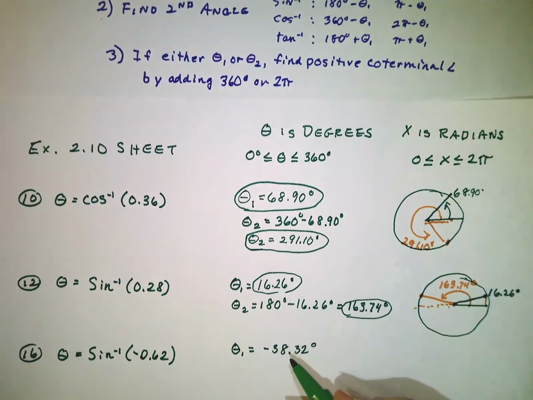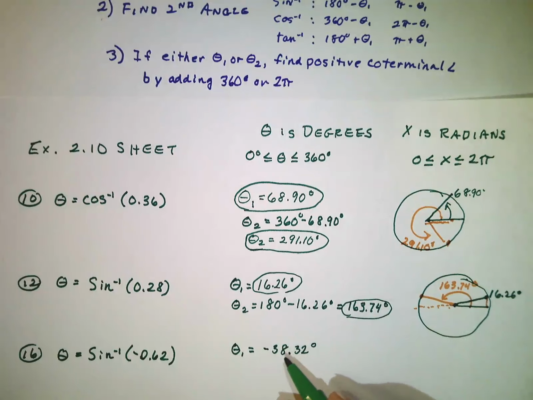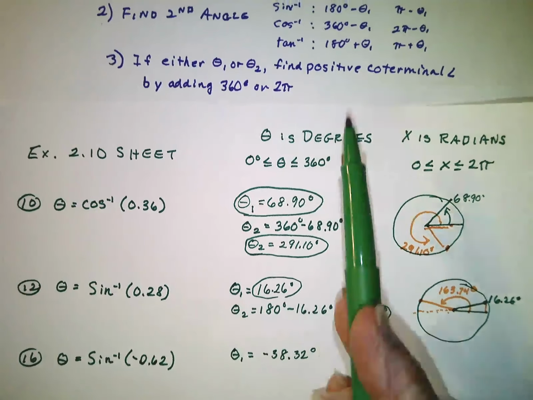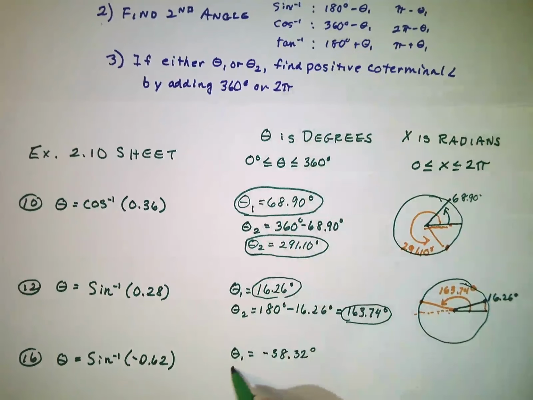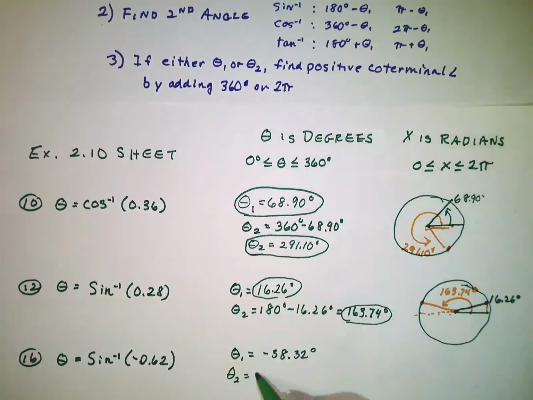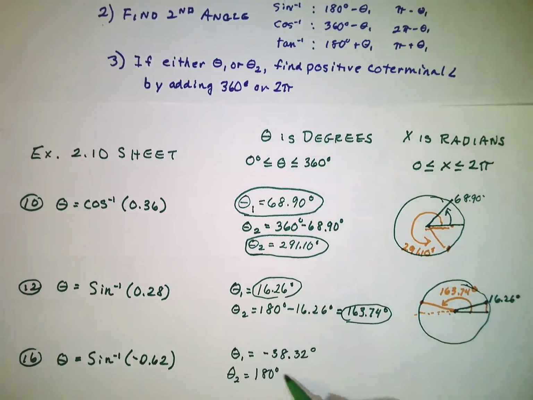Our final answer cannot have a negative. But we're not finished with it yet. This is not our final answer. We want to use this angle. We're going to use it to get the second angle by subtracting from 180 degrees. Because this is inverse sine.